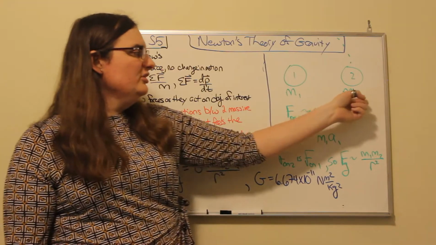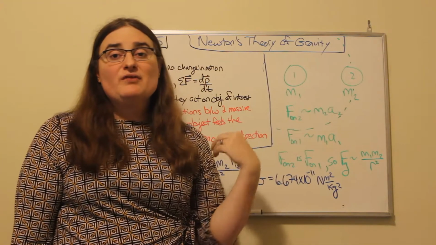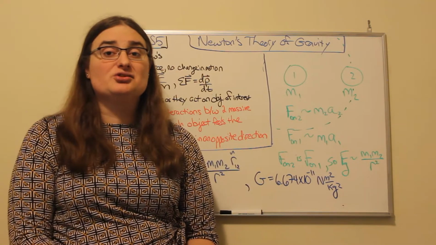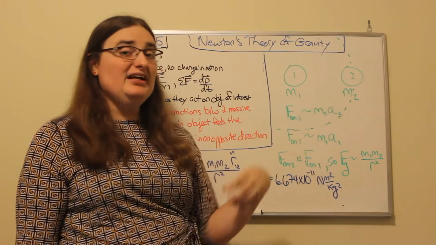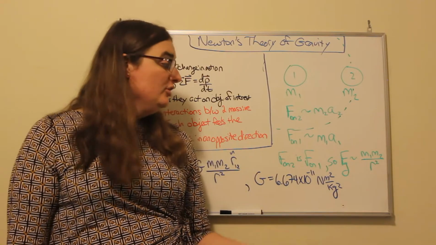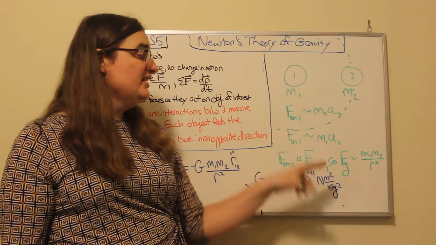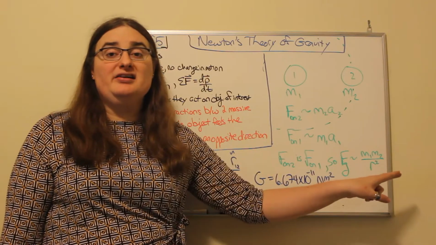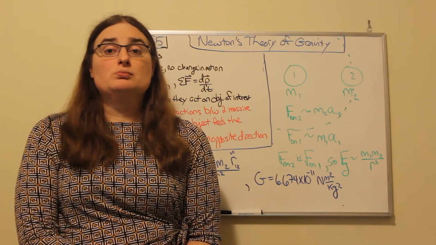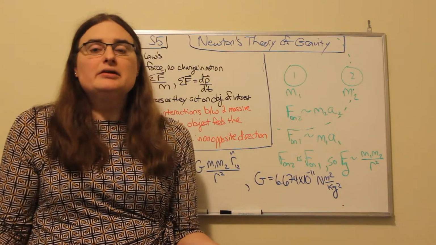And Newton took a look at acceleration data for all of the known orbiting celestial objects that he had access to, and he noticed that the acceleration fit a 1 over distance squared pattern. So he proposed that the force then, in addition to going like the product of the masses, had to go like 1 over the distance squared. And as best he could determine, that's it.